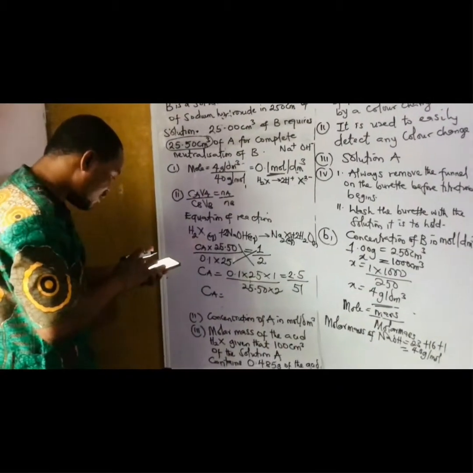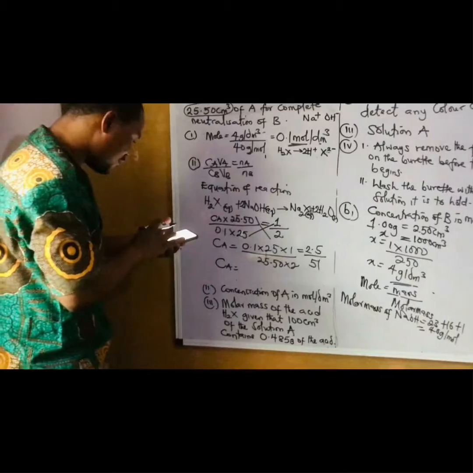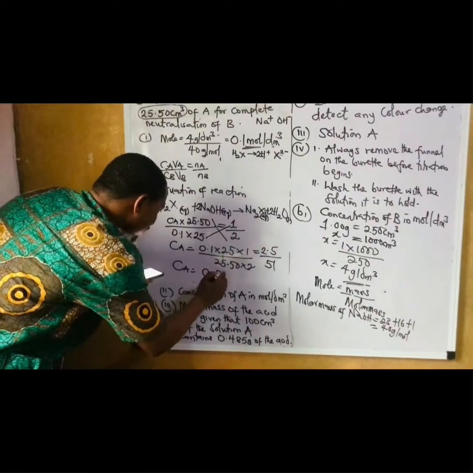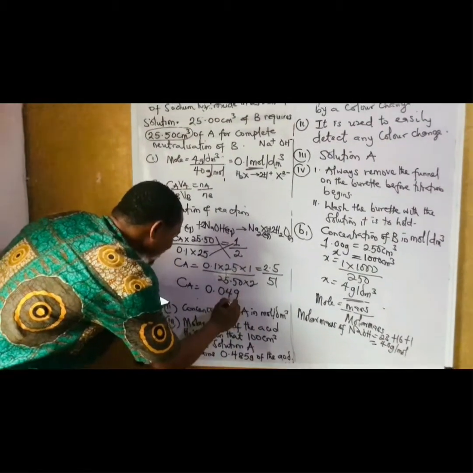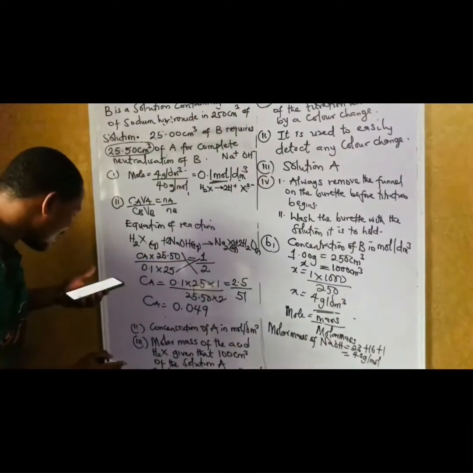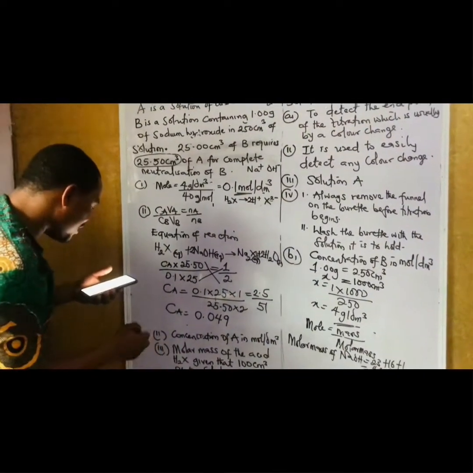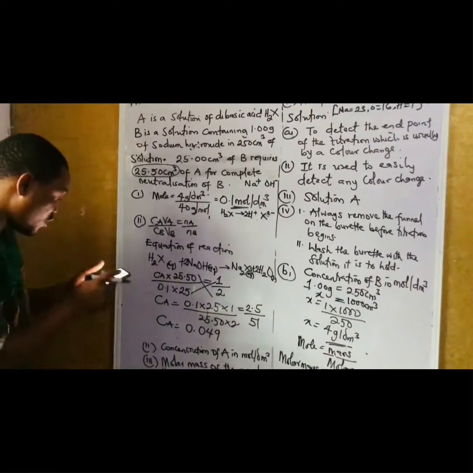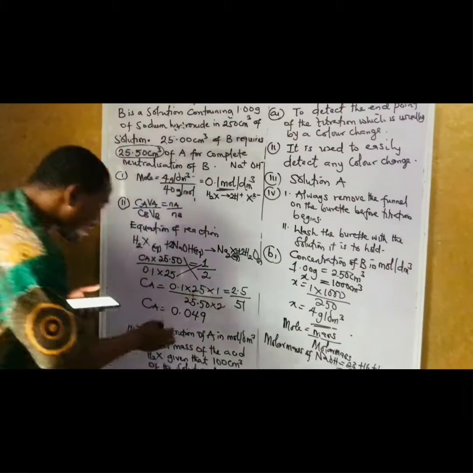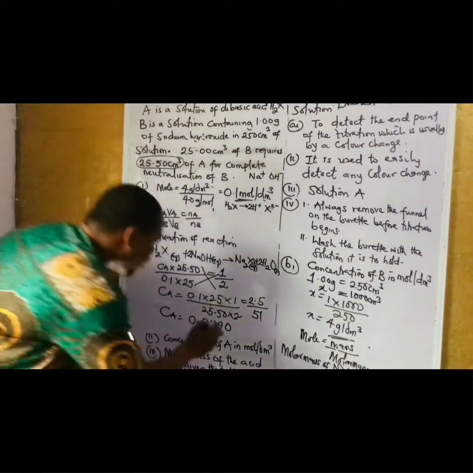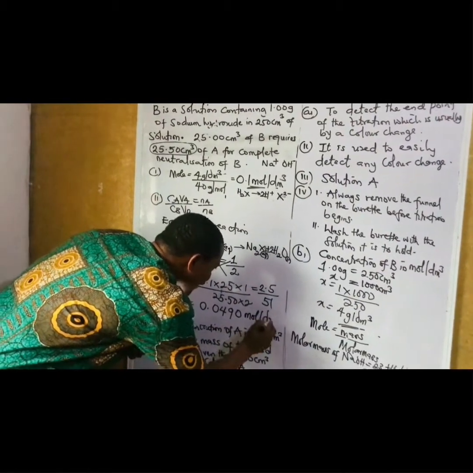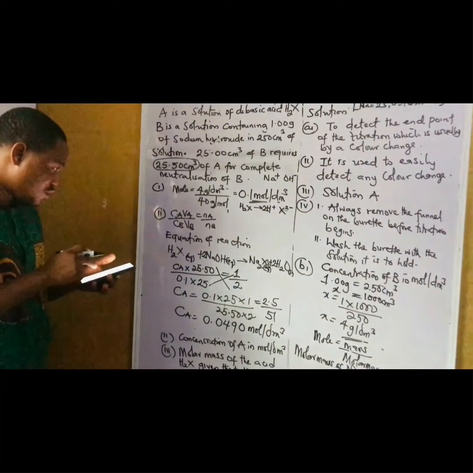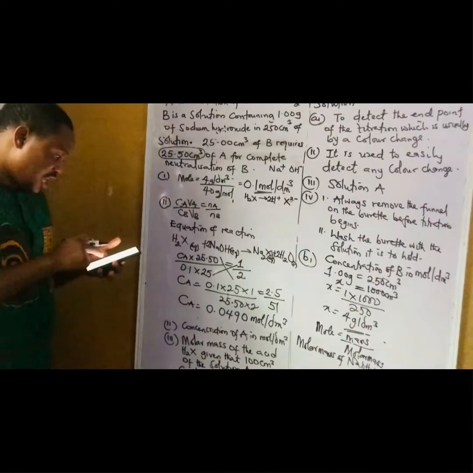So we can now divide 2.5 by 51. That's giving us 0.0490. Let me leave it as 0.049 to 3 significant figures. Let's just leave it like that. Mole per dm cubed. I want to believe this is clear. 0.049. So very important. Let's be sure.